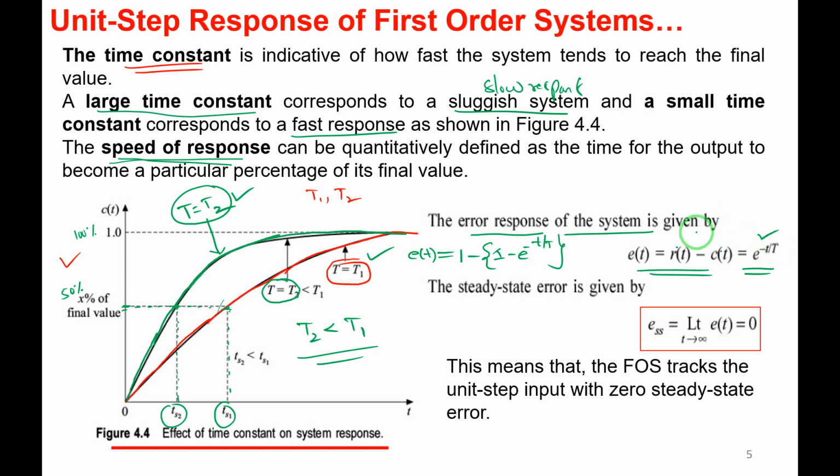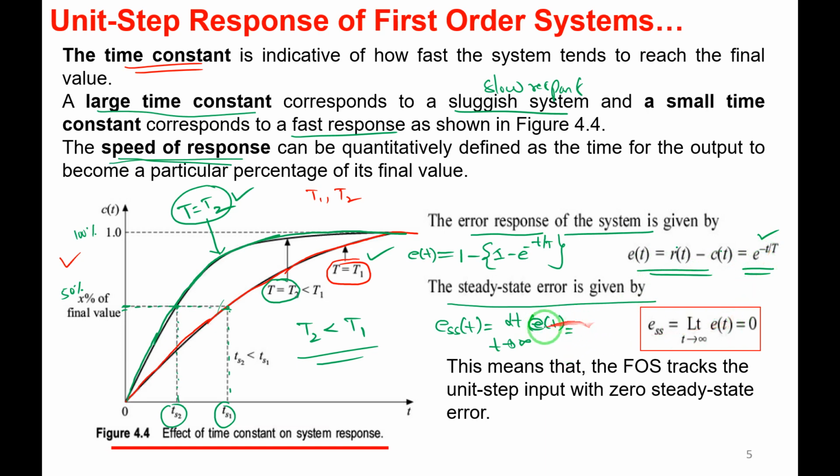But we have to find out the steady state error. So the steady state error is given by e_ss, which is a function of time only. e_ss is equal to the limit as t tends to infinity of e(t). What is e(t)? Here it is e to the power of minus t by T, right?